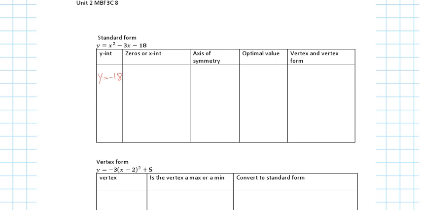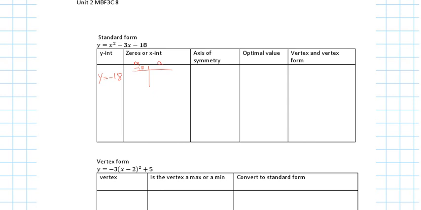That means I'm looking for sum and product. What am I looking for? Two numbers that multiply to negative 18 and add to negative 3. Because both of them are negative, what does that mean?